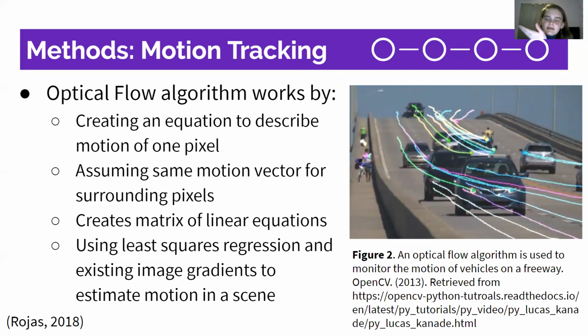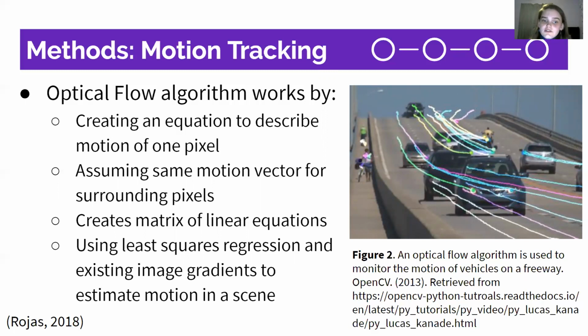So I was able to set up an equation that describes motion from a point in frame A to frame B. However, there are several unknowns in that equation, so we can't solve that directly. So what it does is assume the same motion vector for surrounding pixels, which makes sense because in any sort of motion scenario, you usually don't have one pixel just jumping around by itself.